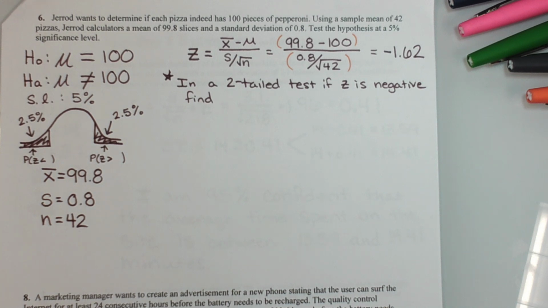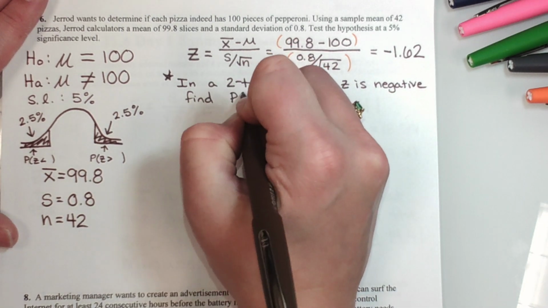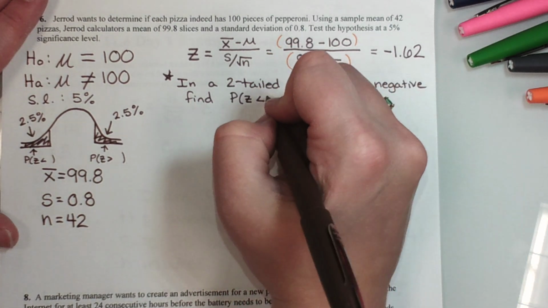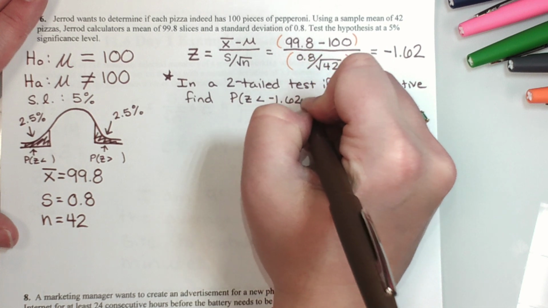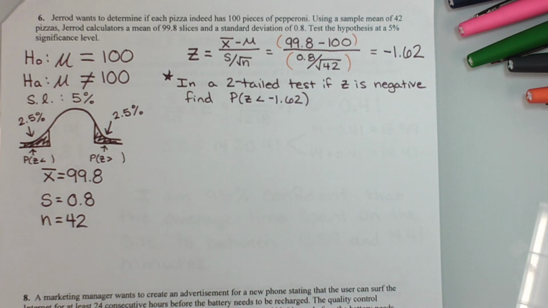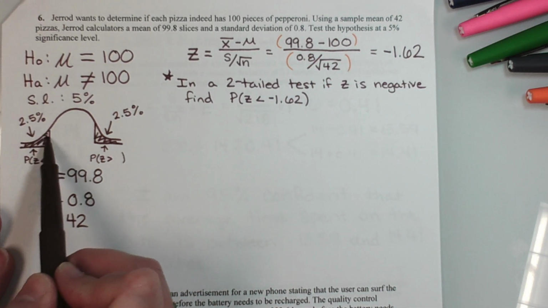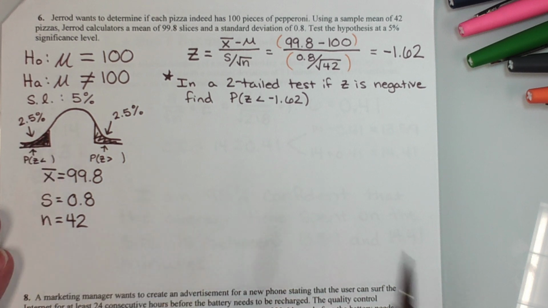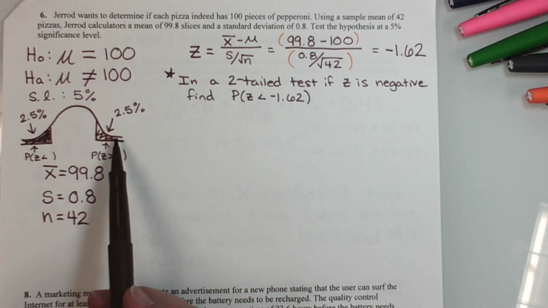If z is negative, you are going to do less than that value. Because you're trying to see if it fits in this lowest 2.5% of the possibilities. Because it definitely is not going to show up over here if it's a negative z.